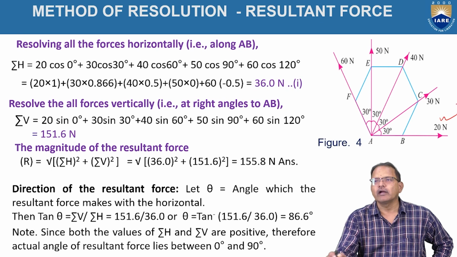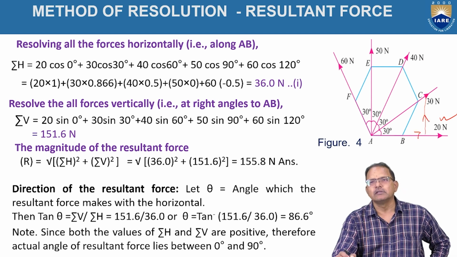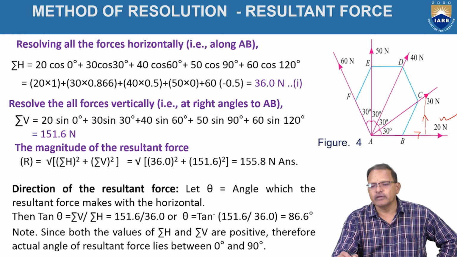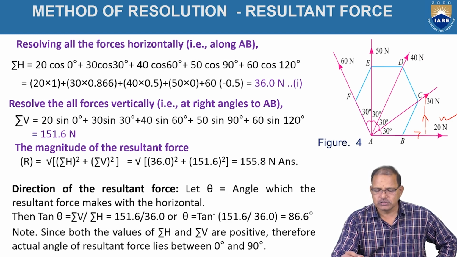There is no y component now. The second force is making an angle of 30 degrees, having a magnitude of 30 newtons. It can be resolved into 2 components as shown in the figure like this. That is, the horizontal component is moving toward the right hand side. The vertical component is moving in the upward direction, so both are treated as positive.